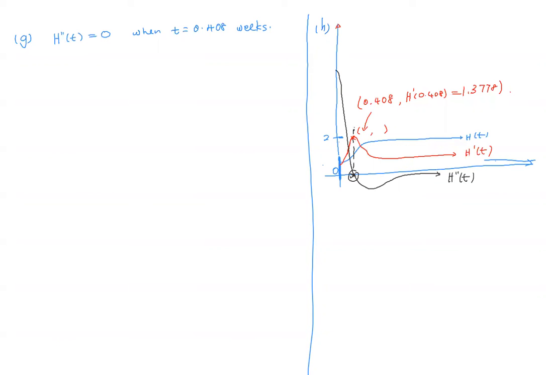Okay, so can someone answer this question? Sebastian? Yes. Can you answer this question? What does this point tell you about the rate at which the height is changing? Sorry, can you repeat?